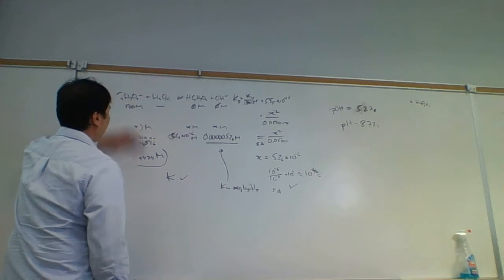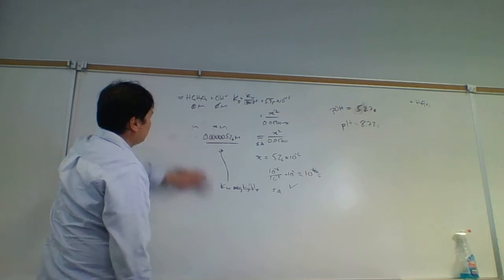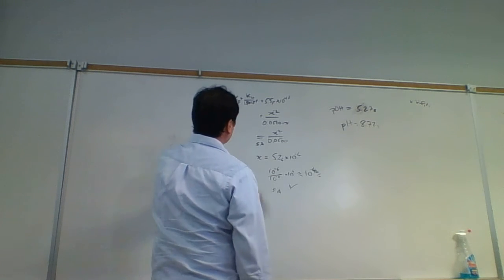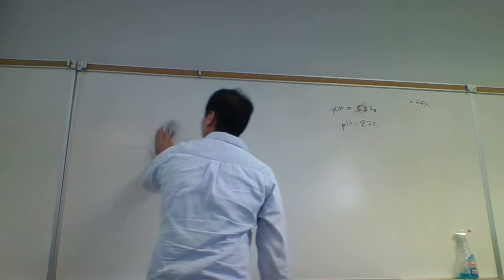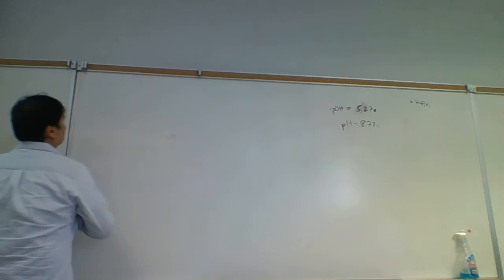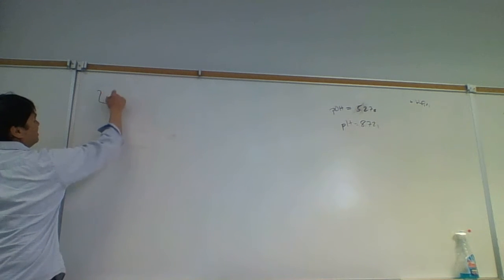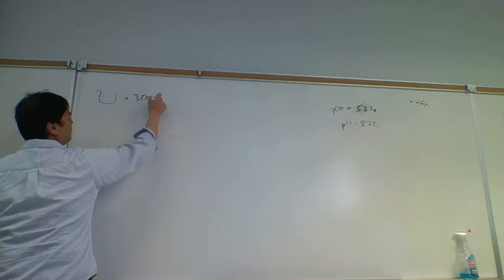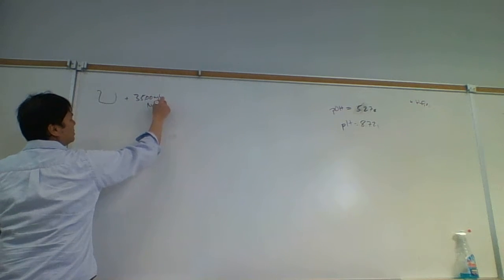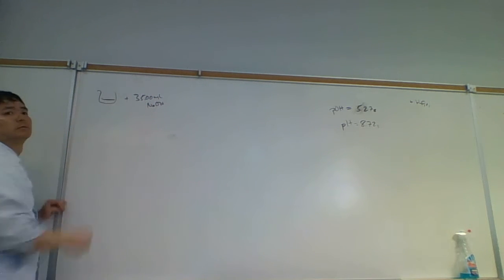Now we're going to add excess base, and so we'll be left over with excess sodium hydroxide. Let's do that in the next calculation. So this is this plus, we did plus how many? 35.00 milliliters of sodium hydroxide? Is that right?